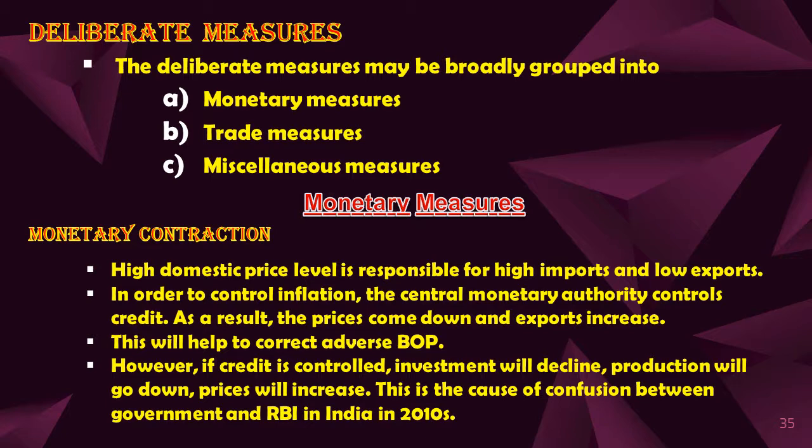If credit is controlled, what will happen to investment? Investment will decline. If investment declines, production will go down. If production goes down, prices will increase.